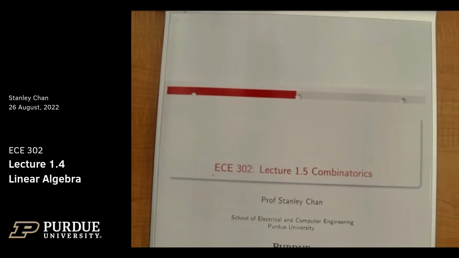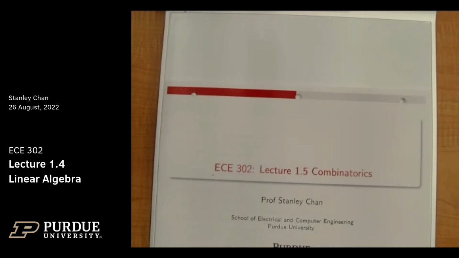All right, combinatorics. What is this all about? It's about counting events. Let's do the following experiment. In this classroom, of course, we have more than 80 students. Let's make it a little bit easier.